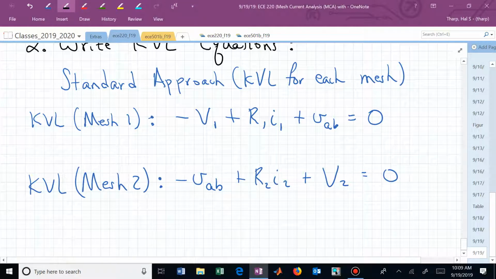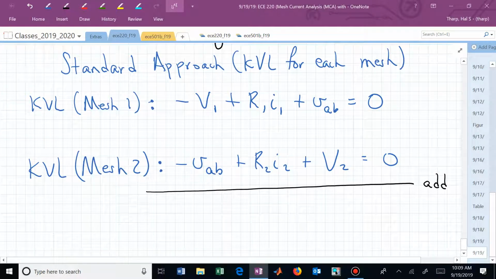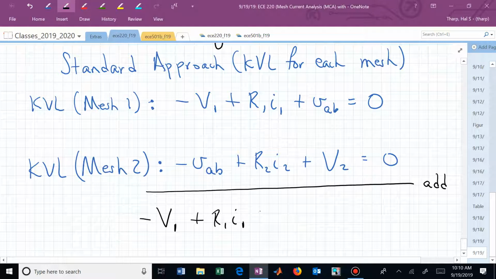But we can get rid of that V sub AB if we simply add these two equations. If I add these two expressions together, do you see that I would then have minus V1 plus R1 I1 plus R2 I2 plus V sub 2 equaling 0. Now I have one equation.